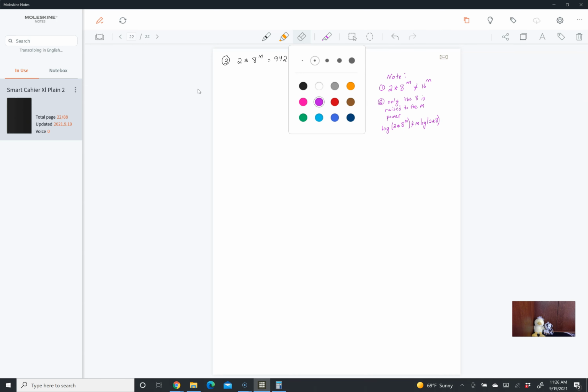What it is equal to, and I'm writing this down because I want you to understand the properties of logs, is log of 2 plus log of 8 to the m.